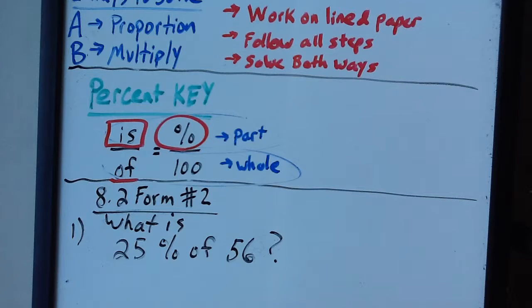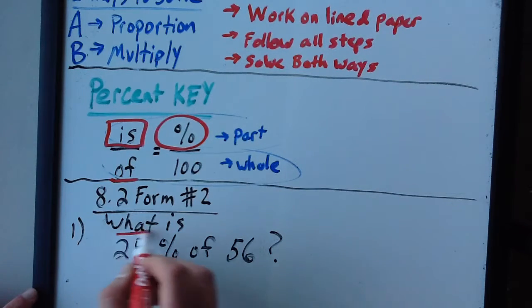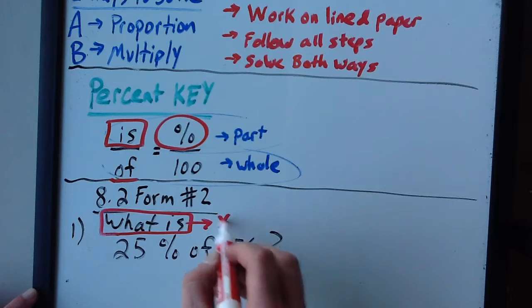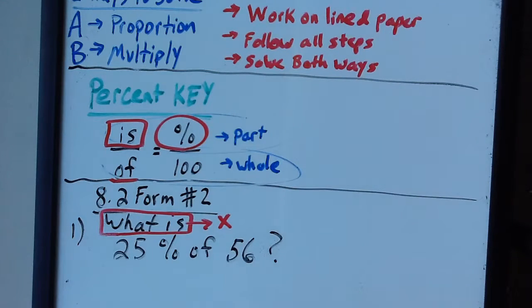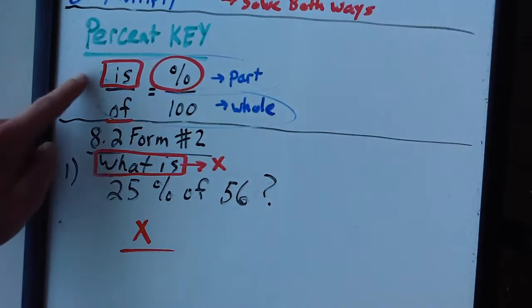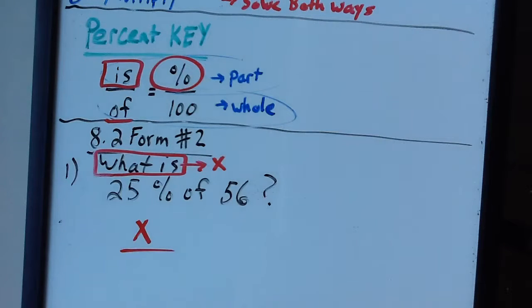In this problem, I don't know what is. I don't know what that part is because that's what I'm looking for. Since it's an unknown, let's use the variable x. I'm going to make x my numerator, the number on top in the first fraction.